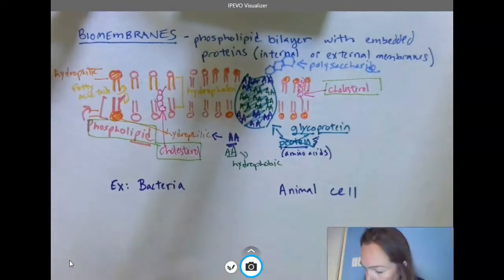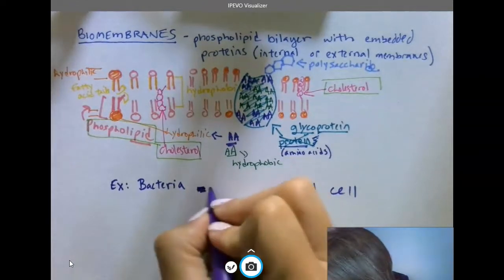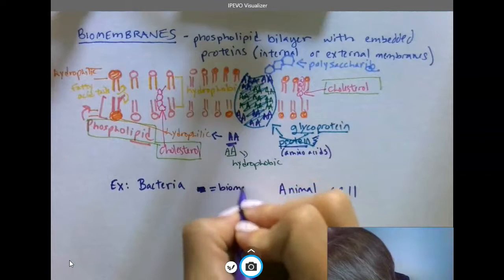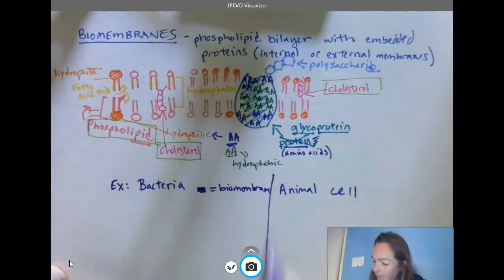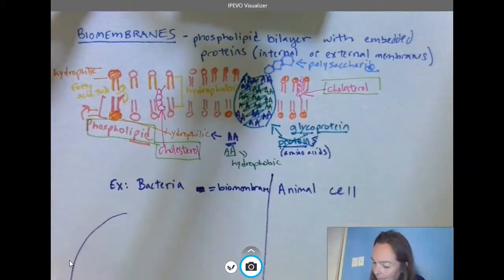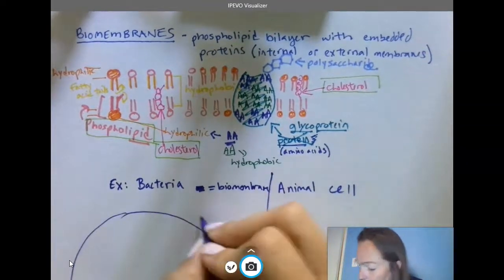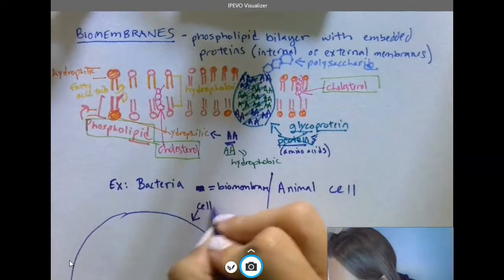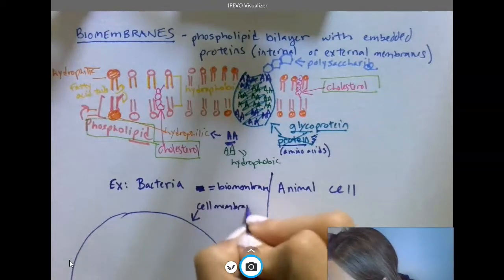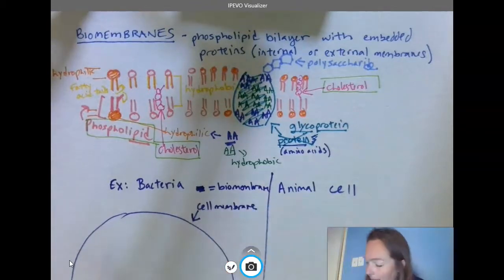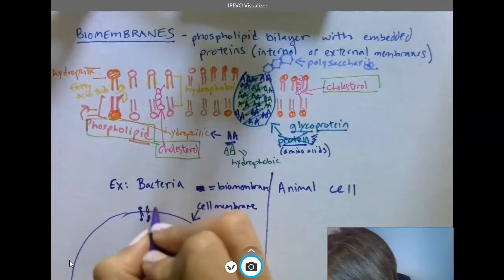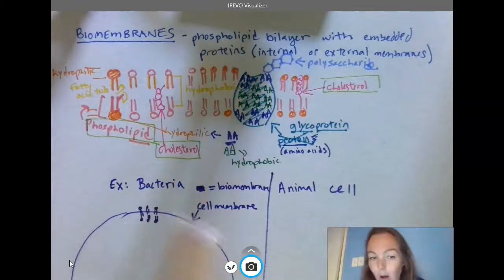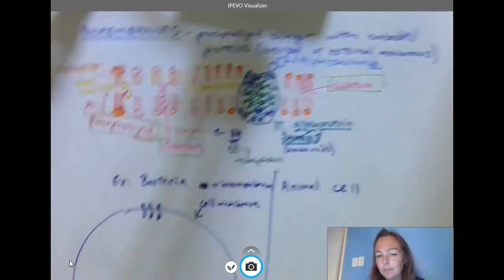I'm going to say purple equals biomembrane. So bacteria has a biomembrane on the outside called its cell membrane or plasma membrane. Okay, and this cell membrane is made up of phospholipids with embedded proteins. And this goes all the way around the cell.